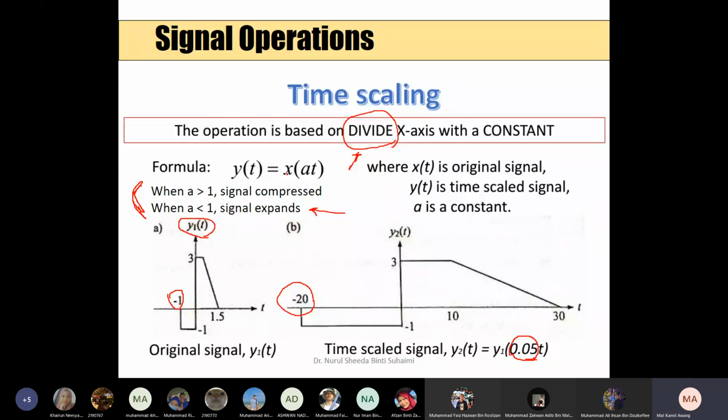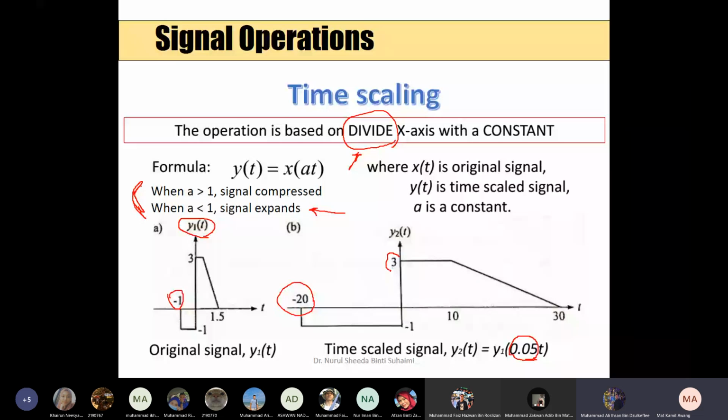So y of t is equal to x of At. So in this example, this is actually x of t, the function x of t. If A is equal to 0.05, let's say at t equal to 0, take the value of 0. This is correct.